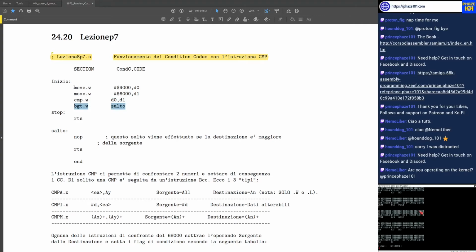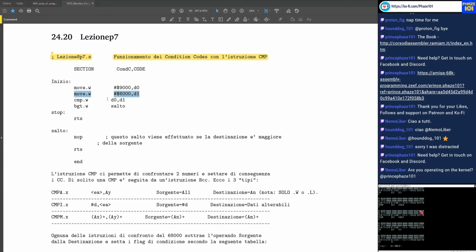But of these two numbers, the 9,000 is signed and the 6,000 is not signed, it's a plus. So this is a negative number, and this is a positive number.